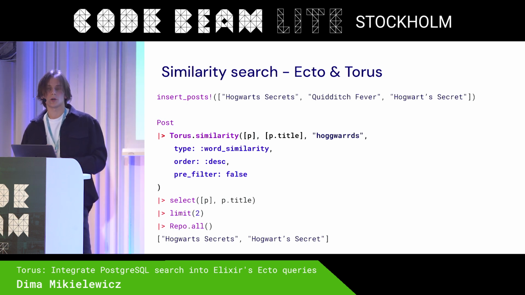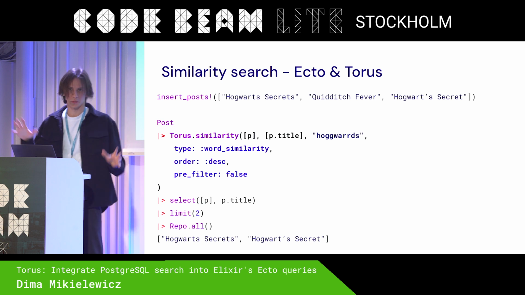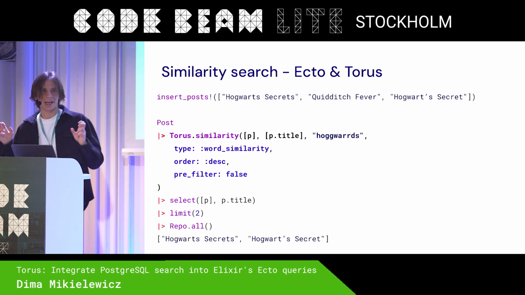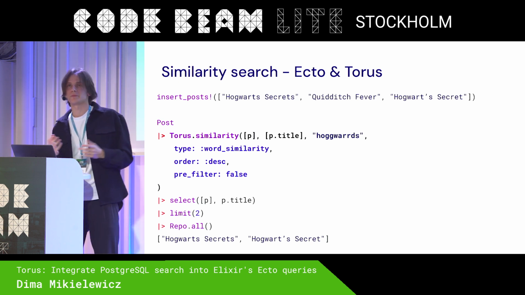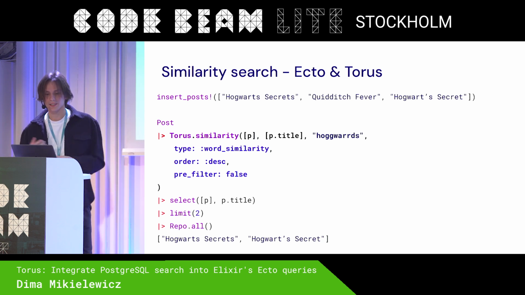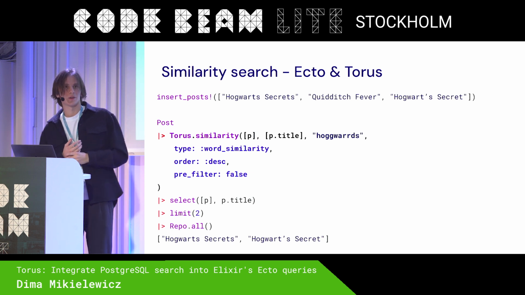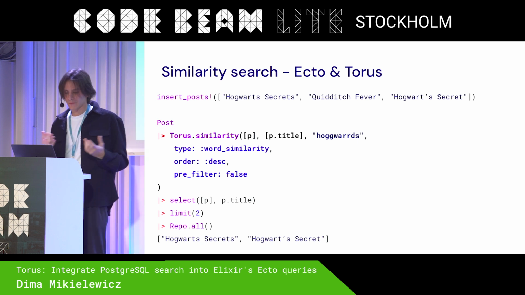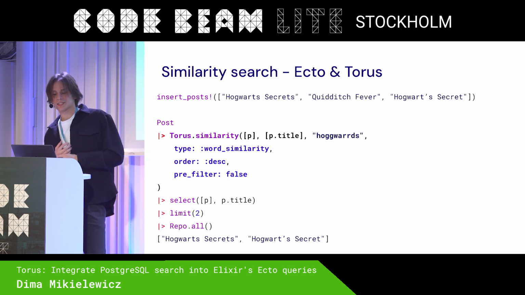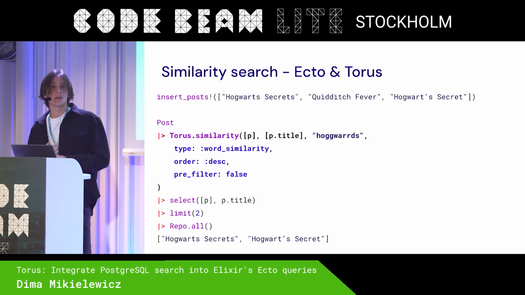You pass the column or columns that you want to search in, you pass the term, and you pass optional options that I've defaulted for you and picked the best ones that I think are most suitable for most cases. And in this example, we're looking for Hogwarts spelled with typos. And it correctly found Hogwarts secrets and Hogwarts secret from the post that we've previously inserted.